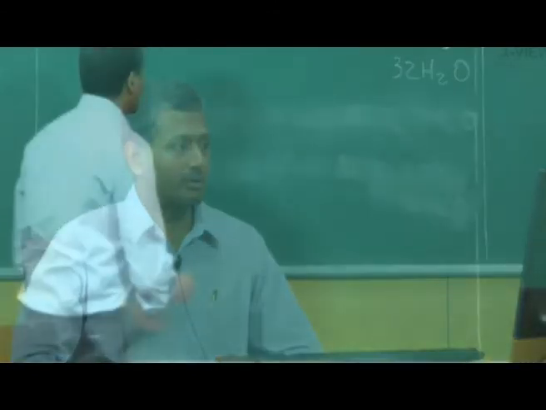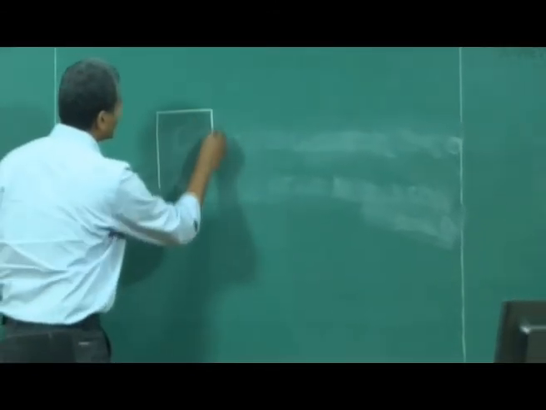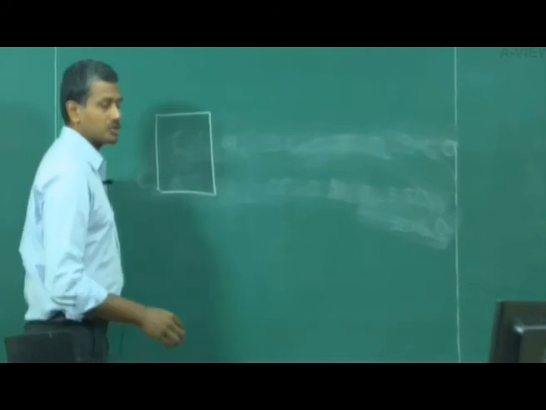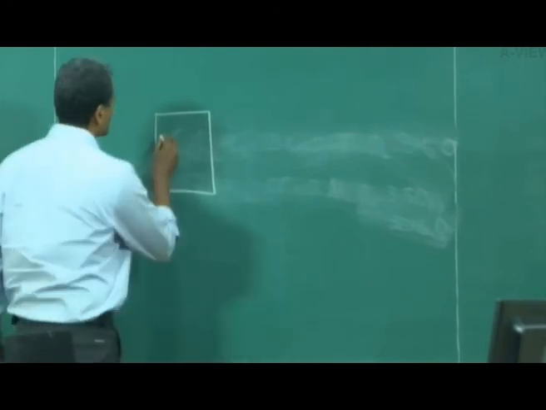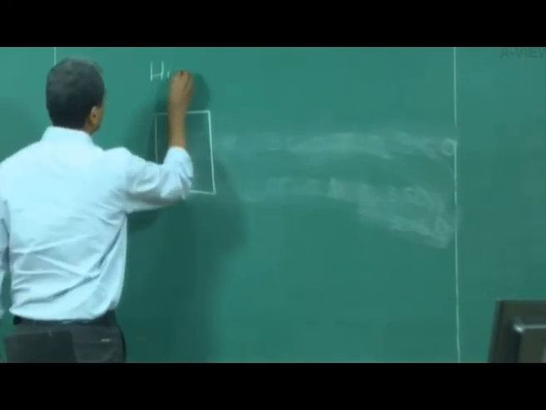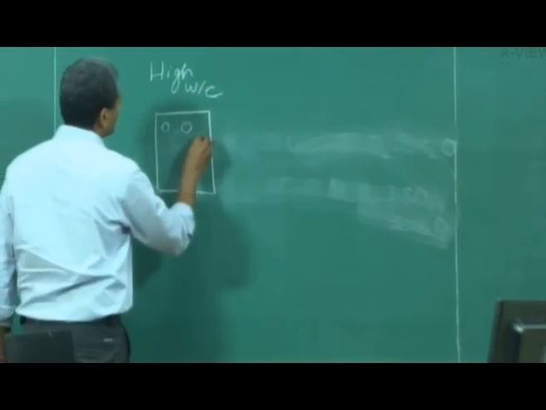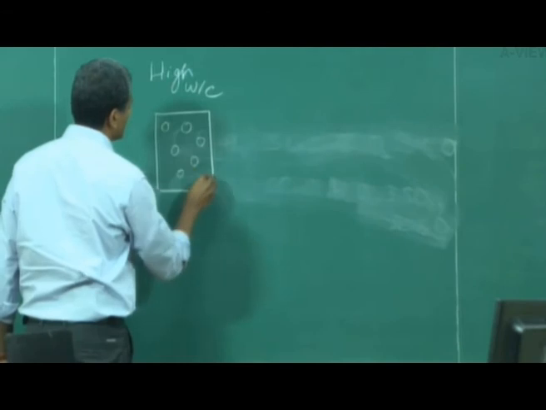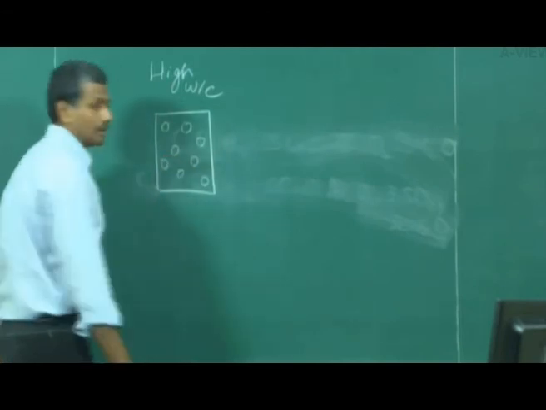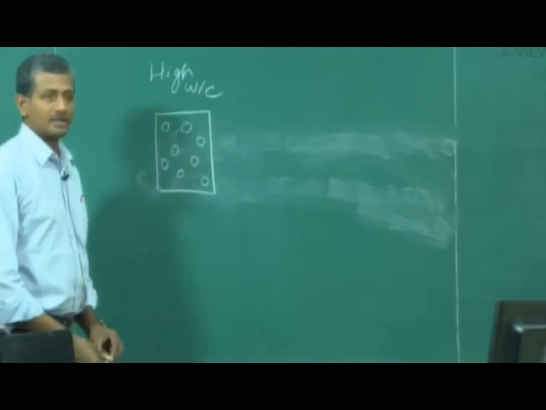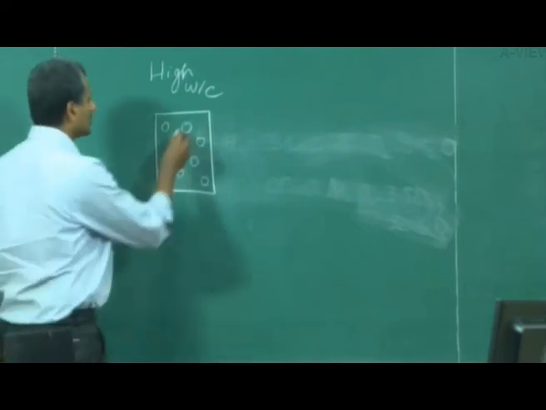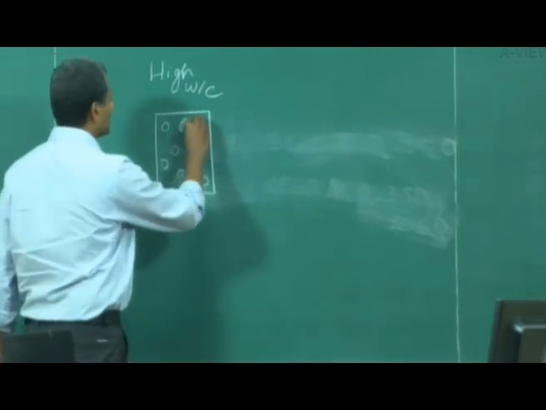Now, let us assume this is my volume that I need to fill up with my mixture of cement and water. In a high water cement ratio system, I have a lot of water present along with the cement. If my cement is hydrating on the surface, it starts creating this hydrated surface.